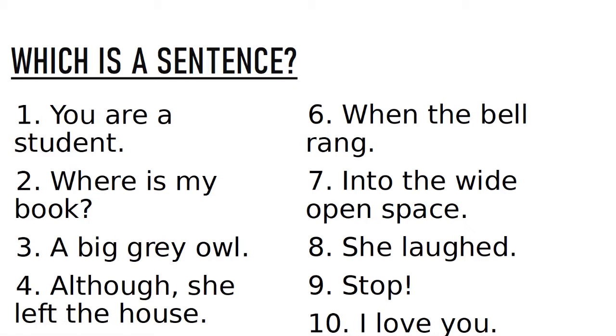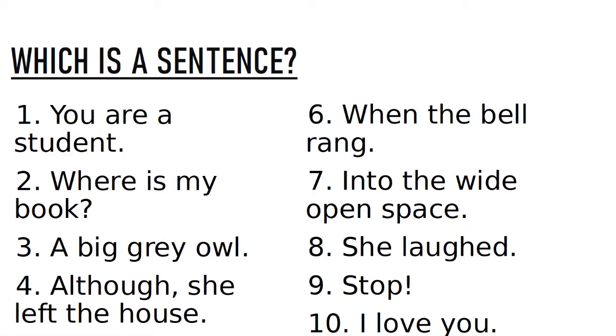Number 4, although she left the house. Now this is a tricky one. It's not a sentence. Because it starts with the word although, it becomes a dependent clause. Now, if you don't know what a dependent clause is, or you don't know what a clause is, you must watch my video about independent and dependent clauses.